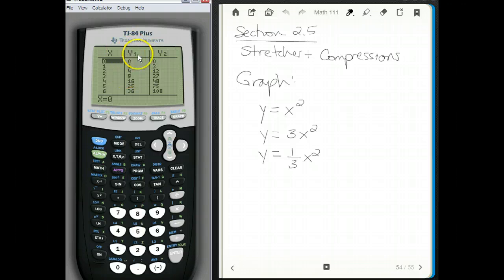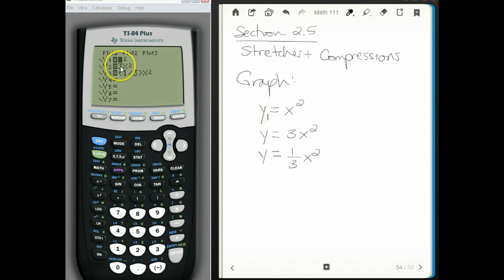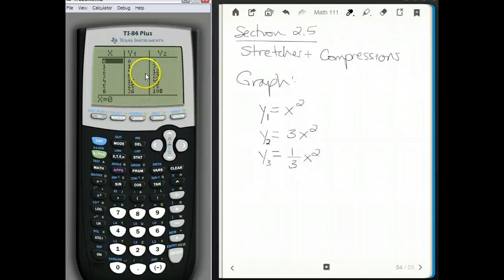For our labeling system here, remember that if I go back to y equals, y1 was labeled as x squared, y2 is 3x squared, and y3 is this 1/3 x squared. Okay, so that's how we have them labeled. Let's go back to second table. Now we can see ordered pairs that satisfy the equation. Remember, this is just one of our ways to represent a relation or a function, with a table of values.